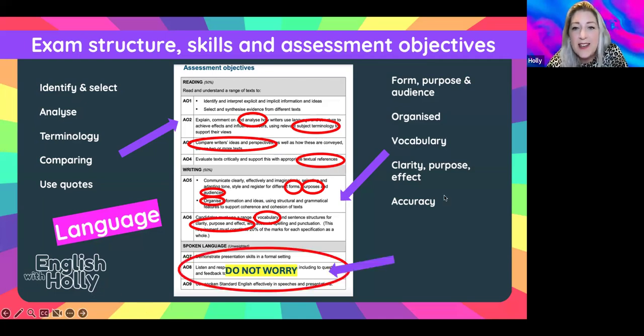And then finally, the spoken language part of the exam, I've just put do not worry. You really don't need to worry about this whatsoever, unless you've got a really nervous teen that is terrified of public speaking. Then obviously you'll just need to do your mum job or your dad job of coaching them that it's going to be fine, but you don't need to do any other work on that at home.